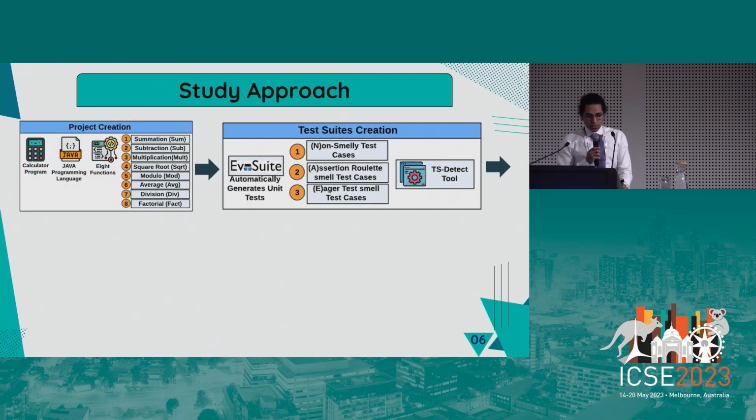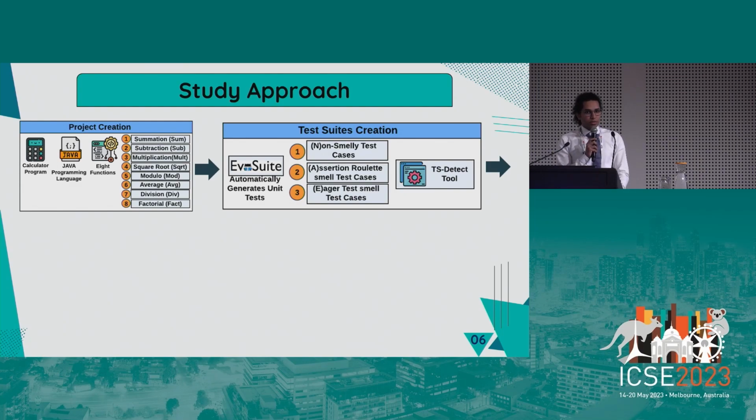Our study went through multiple stages. The first stage was creating a project. We created a calculator program because we wanted a simple and easy project that everyone can understand, so students are not overwhelmed by the program's features. We wrote it in Java with 8 functions.